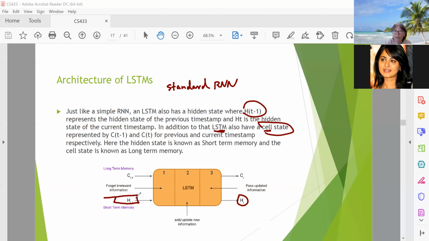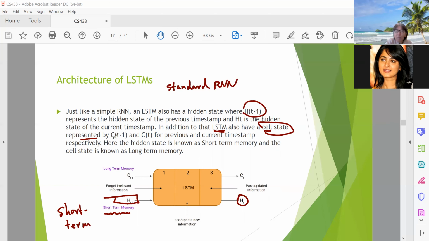So basically the hidden state, we call it short-term memory. So the previous time step, this is short-term memory. But in LSTM, we also have cell state.